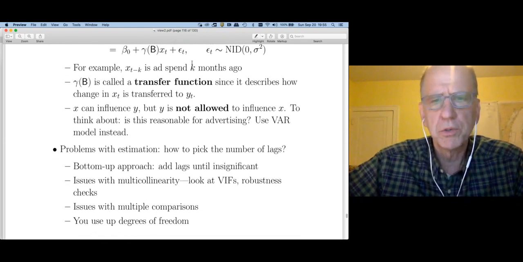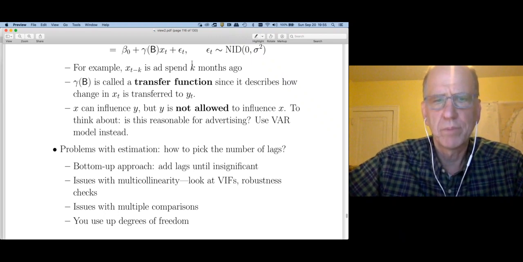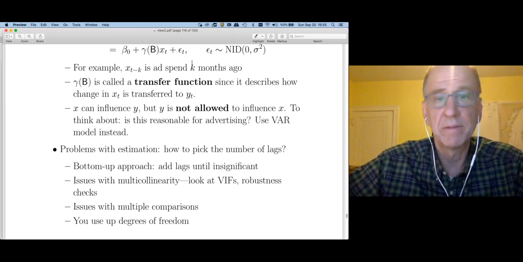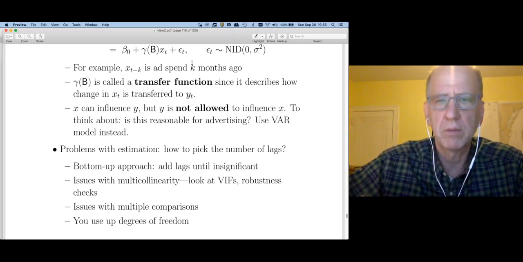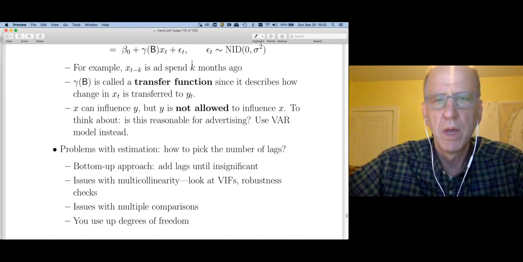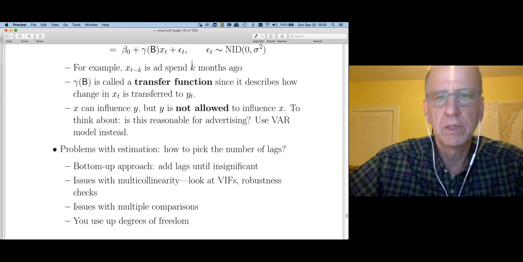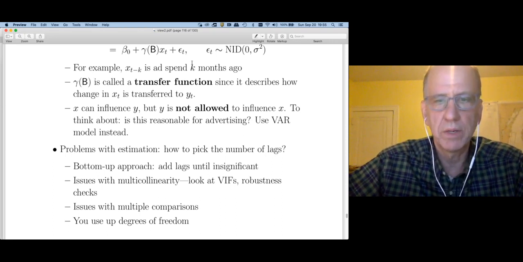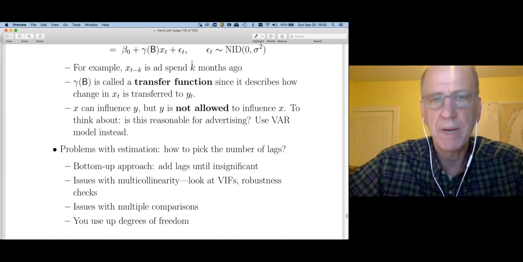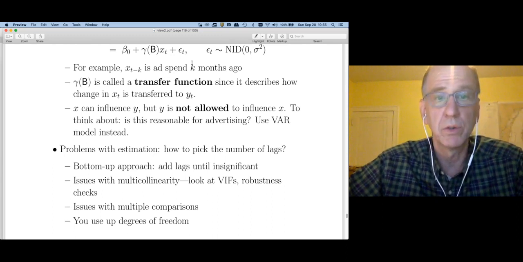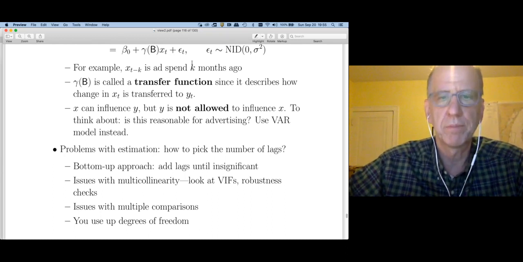There are also issues with multiple comparisons. If we end up doing a lot of significance tests at, say, the 5% level, just by chance, some of those tests could be significant when, in fact, the null hypothesis is true. That's the multiple comparison problem.